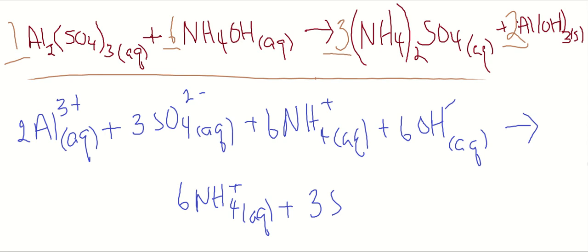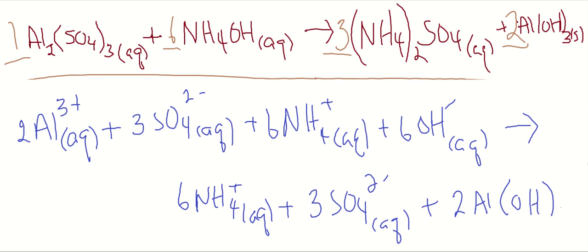So 3 moles of sulfate, and finally our precipitate, we're just going to write the way it is, 2 Al and then OH3 solid.